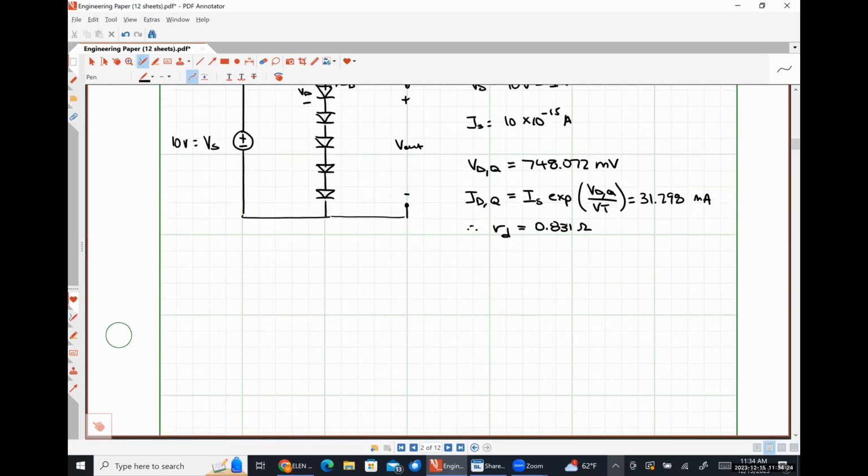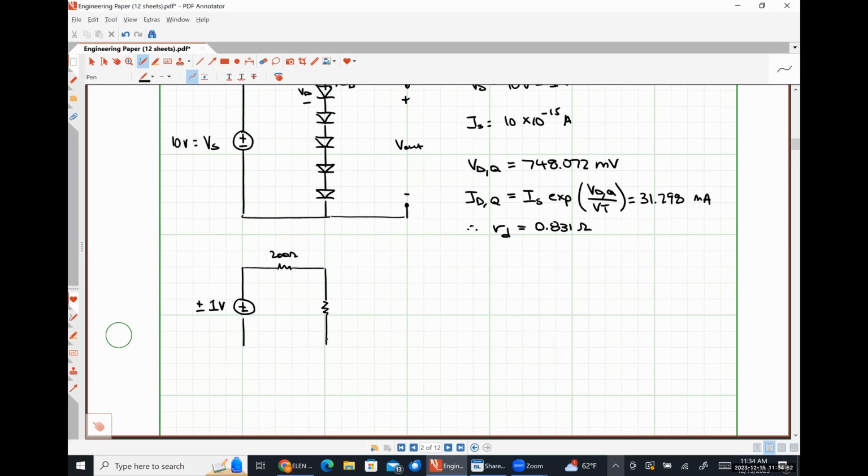Okay, so our small signal circuit is going to be this guy. Here we have our plus or minus 1-volt voltage source. We have our 200 ohm resistor. And then we're going to replace our diodes with their dynamic resistance.